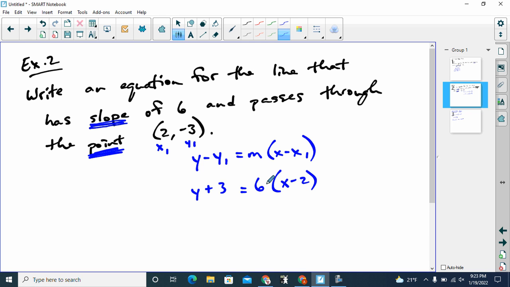So now we have an equation. It is in point-slope form. I didn't write it here, but almost always it's going to say, write your answer in slope-intercept form. So our answer needs to be in slope-intercept form. Even though I don't know the y-intercept, my final answer should be in slope-intercept form. So we need to change from this point-slope form to slope-intercept form. And we do that by distributing this 6. So 6 times x, 6 times -2.